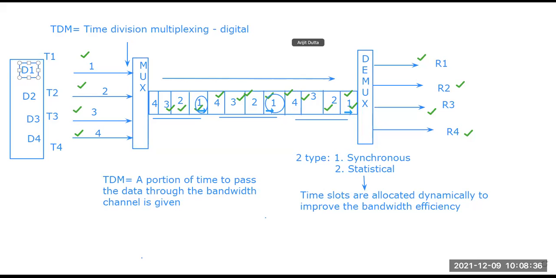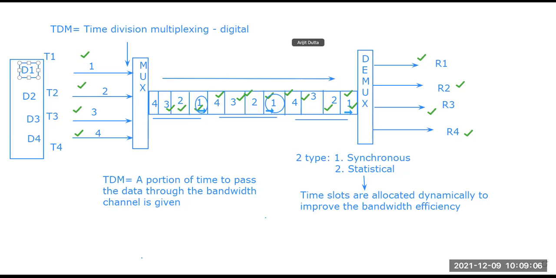So the basic difference between synchronous and statistical TDM is that in synchronous TDM, there is the matter of empty slots. In synchronous TDM, the slots may be empty. The slots mean the time slots for the given time. They can be empty. But in statistical TDM, no slots are left empty to send the data.